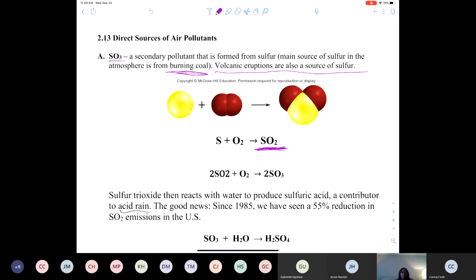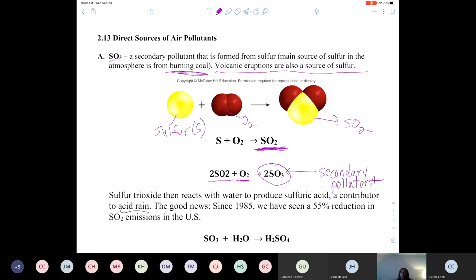And the reason why sulfur is so dangerous in the atmosphere is because it will react with the oxygen in the air and form sulfur dioxide, SO2. Then the SO2 will go on and react with more oxygen in the air and form a second pollutant, sulfur trioxide. So that's why it's called a secondary pollutant, because it's formed from a primary pollutant.